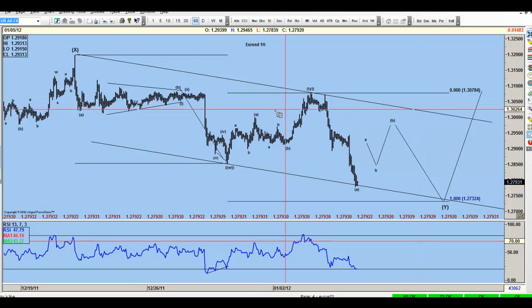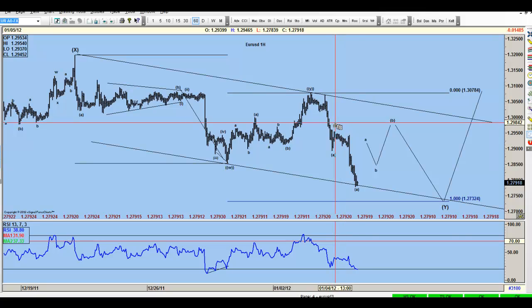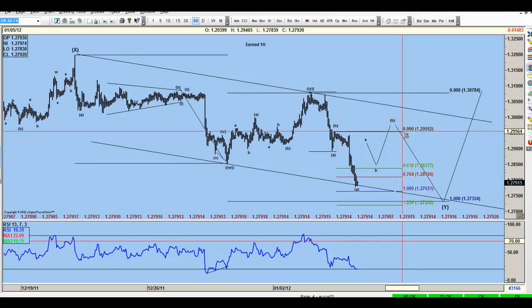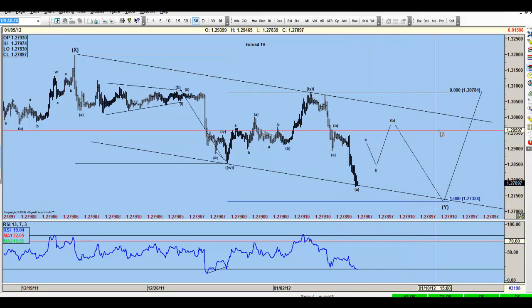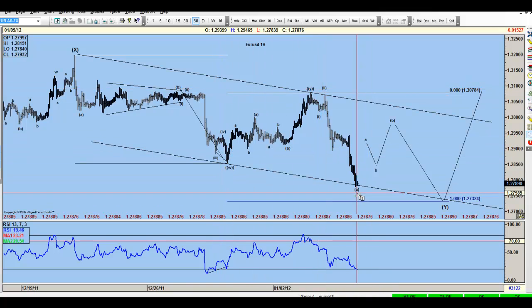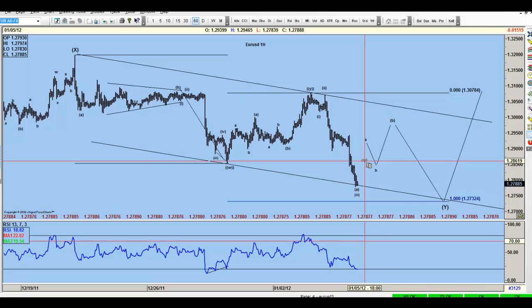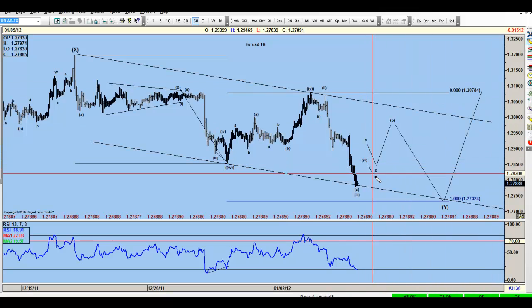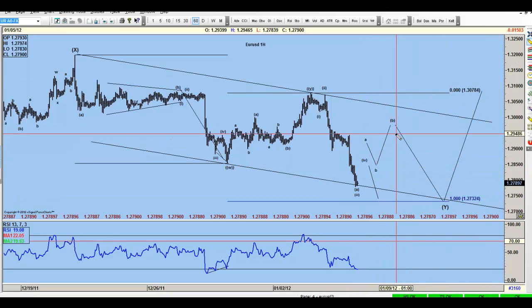This is either something like this, A, B, and then we're going lower in C to the equal legs that comes around 127.75. Or this is still part of this, something like 1, 2 with ending 3, and then we're going to get a 4 and a 5, and then 3 back and more downside.